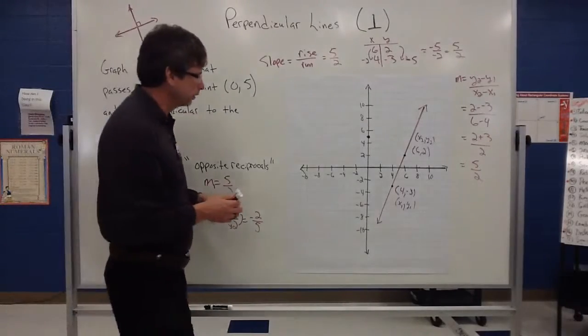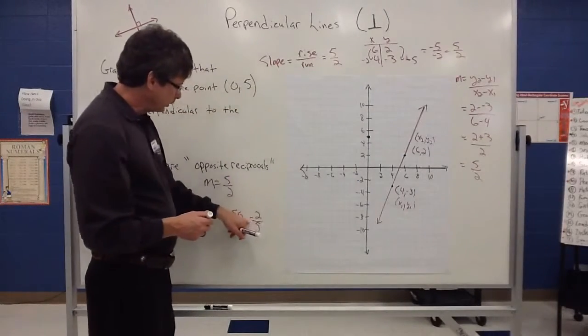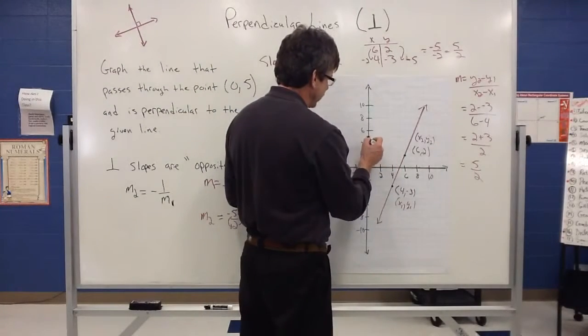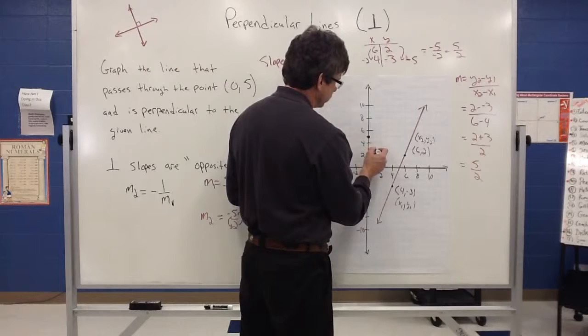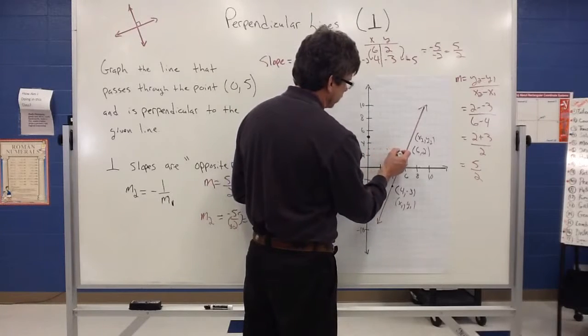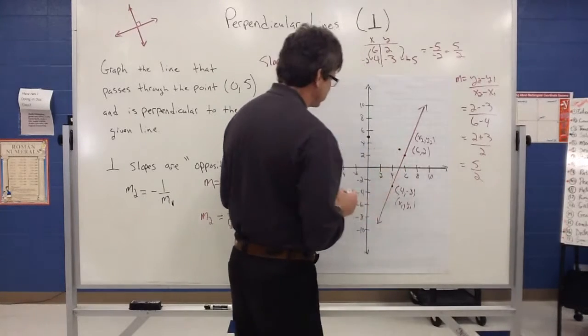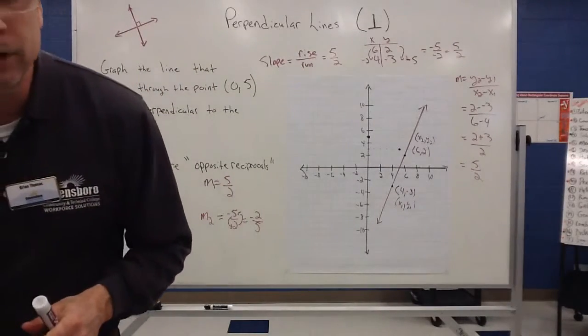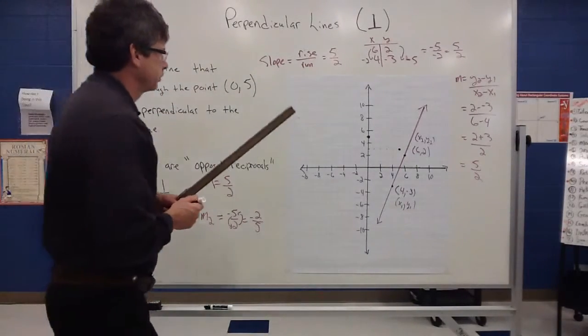So from this point, I've got a rise of down 2 and a run of 5. So from this point, if I go down 2 and run 5, I can make another point. And if I draw the line through those 2 points, it should be perpendicular to the given line.